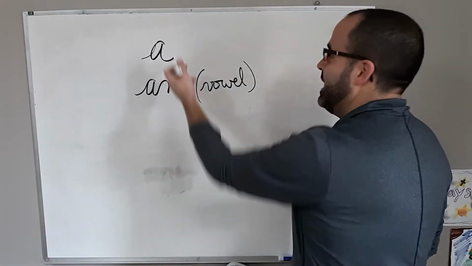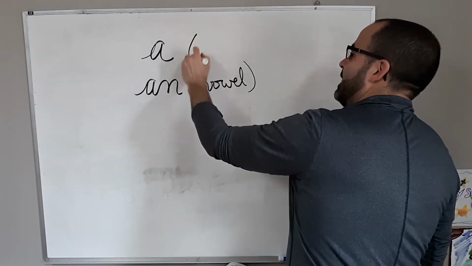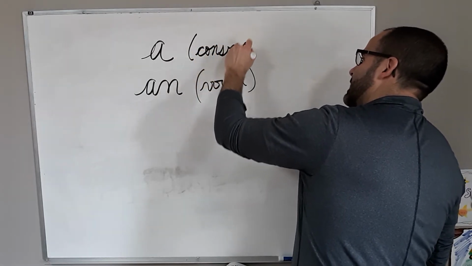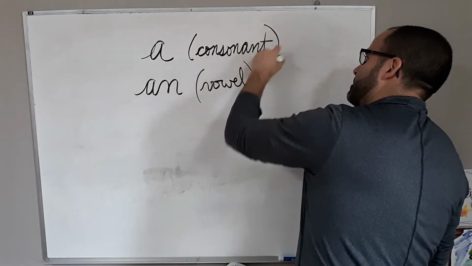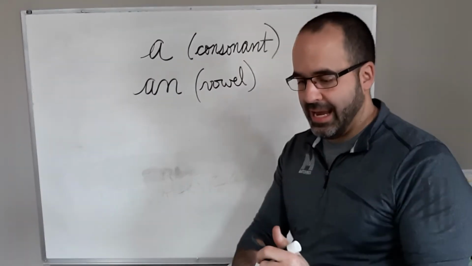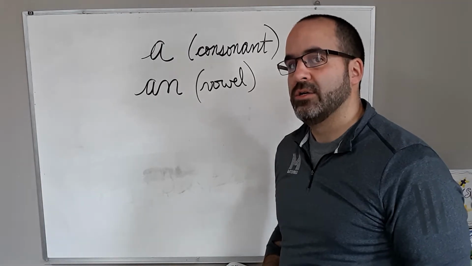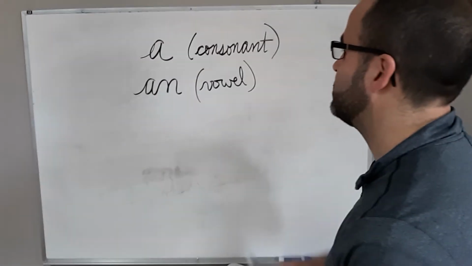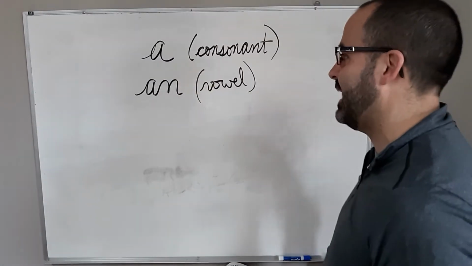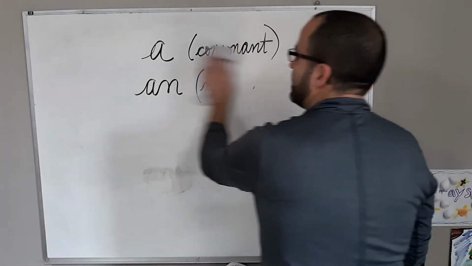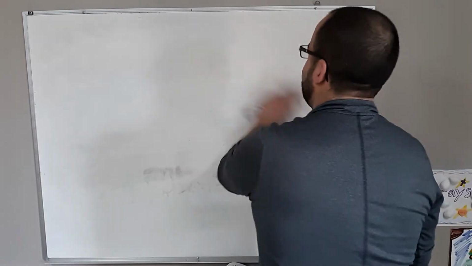A comes before a consonant: a dog, a banana, a house, things like that. So up at the top, that's really what you need to remember when it comes to a or an.